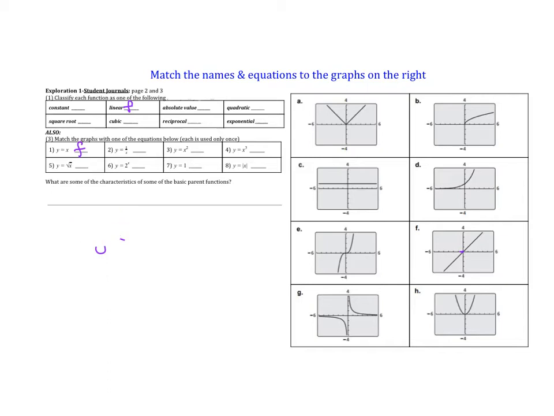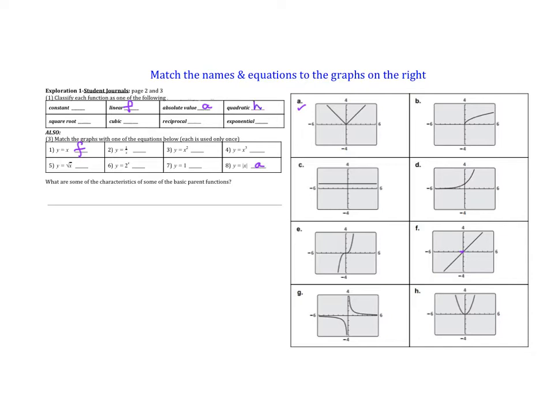Now let's look at the absolute value. Maybe you know what the absolute value picture looks like. That one is A here. So absolute value is A. And then the equation for that is y equals absolute value of x here. All right, so we got A. Let's look at quadratic. Quadratic is a parabola. So that's going to look like here, letter H. So that's H, quadratic.